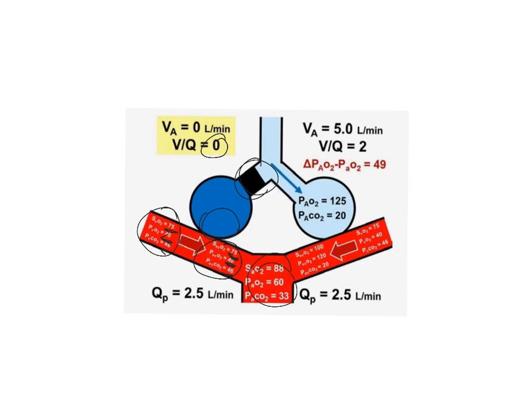And then if you look on this side, there's no shunt, so there's still perfusion, and you see 75 has increased to 100, 40 has increased to 120, and 46 decreased because carbon dioxide is leaving the blood. Therefore, this is old blood, and this is new blood, and when it mixes, it's going to be the average of both. And this is the right to left shunt.